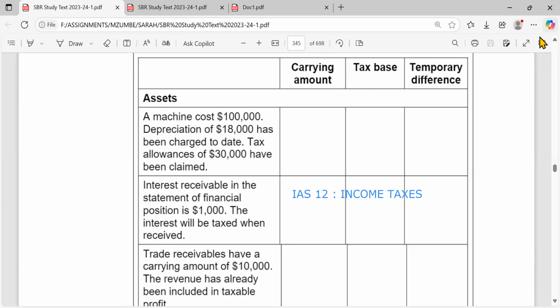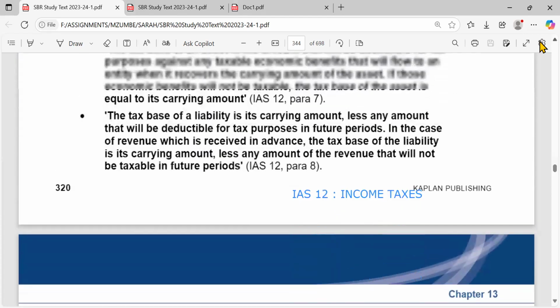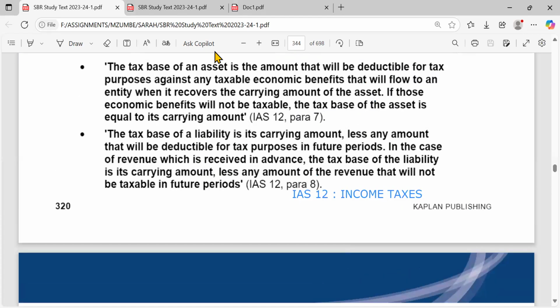Maybe before that, we should come back up here and look for the explanations. We learned about how to get the tax base. Look here, the tax base of an asset is the amount that will be deductible for tax purposes against any taxable economic benefits that will flow to an entity when it recovers the carrying amount of the asset.